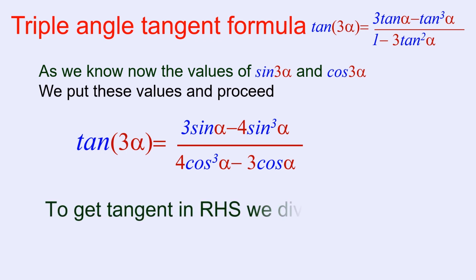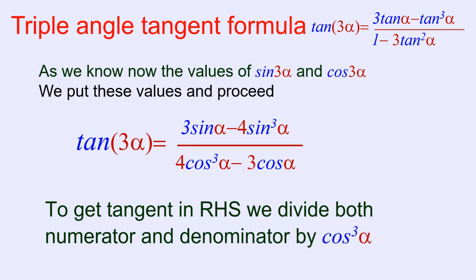To get tangent on the right-hand side, we divide both numerator and denominator by the cosine cubed alpha.